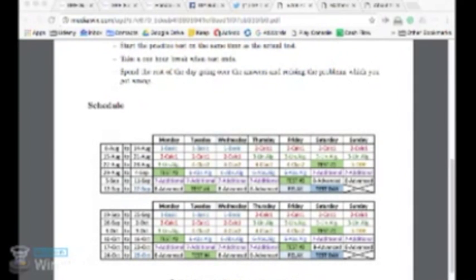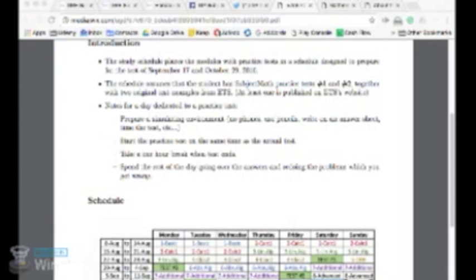It incorporates all 8 video modules in a schedule, and 4 practice exams are scheduled in the middle. And I want to say something about those practice exams. I'm writing here that you should prepare using a simulating environment.